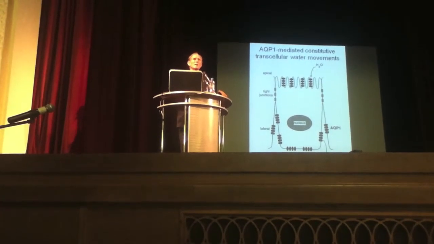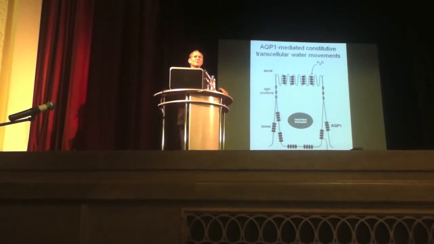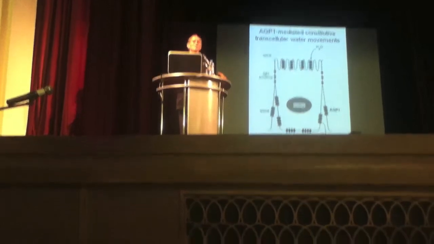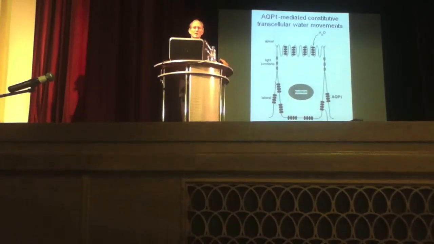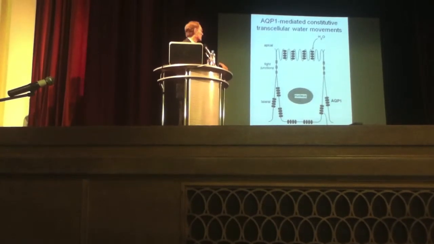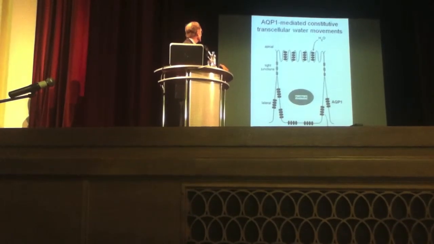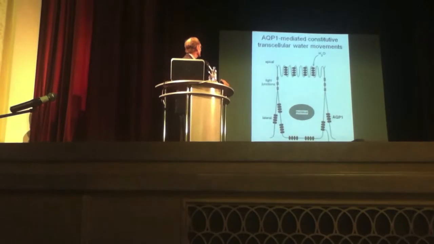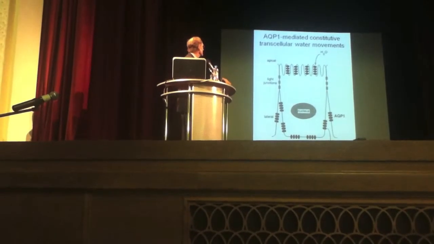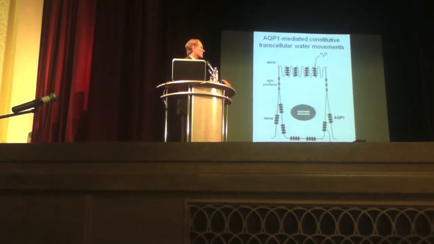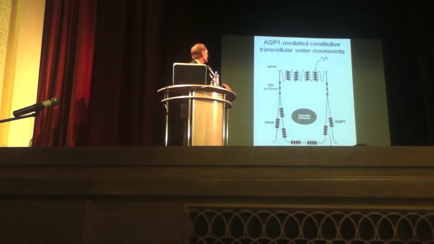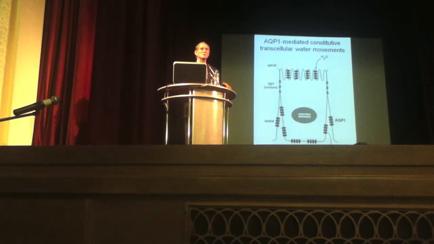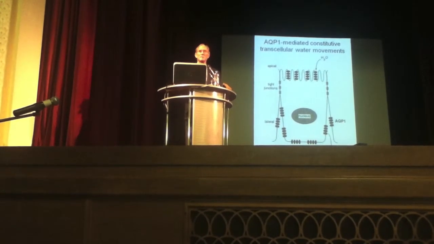We must efficiently filter and reabsorb the water. But we must reabsorb the water, but not the acid or any waste substances. And the explanation is the distribution of aquaporin-1. The primary urine flows through the lumen, enters through the apical surface, tight junctions prevent water from slipping between the cells, and it exits through the basal membrane. Transcellular movement. Almost 200 liters of water per day. It's amazing.